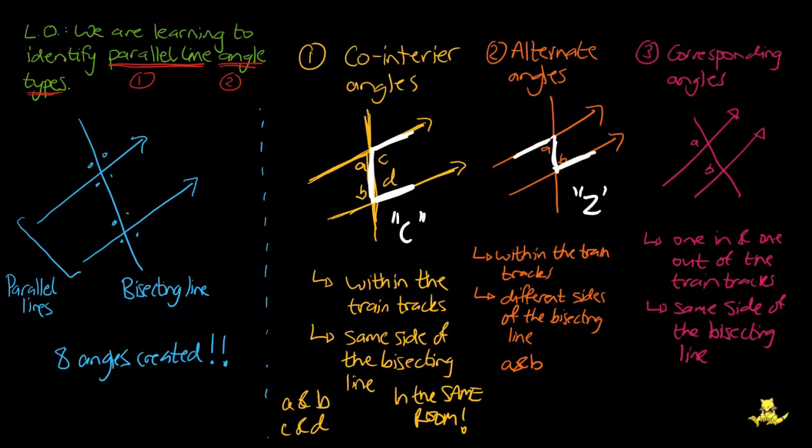That looks like the letter Z. And for corresponding angles, this one's going to be a bit weirder, but we have the one across, and the one going down. That is an upside down F. So you can use the C, the Z, and the F approach to double check that you've got the right angles.